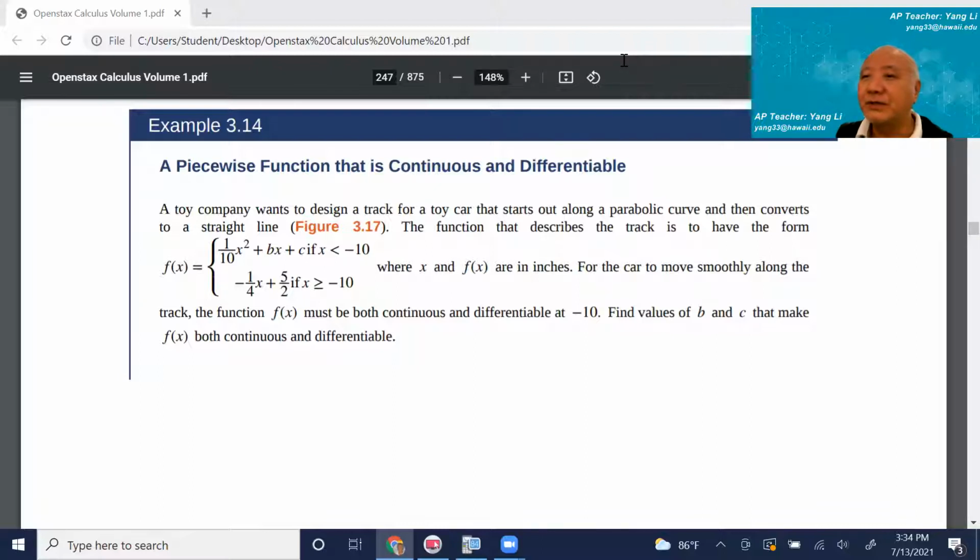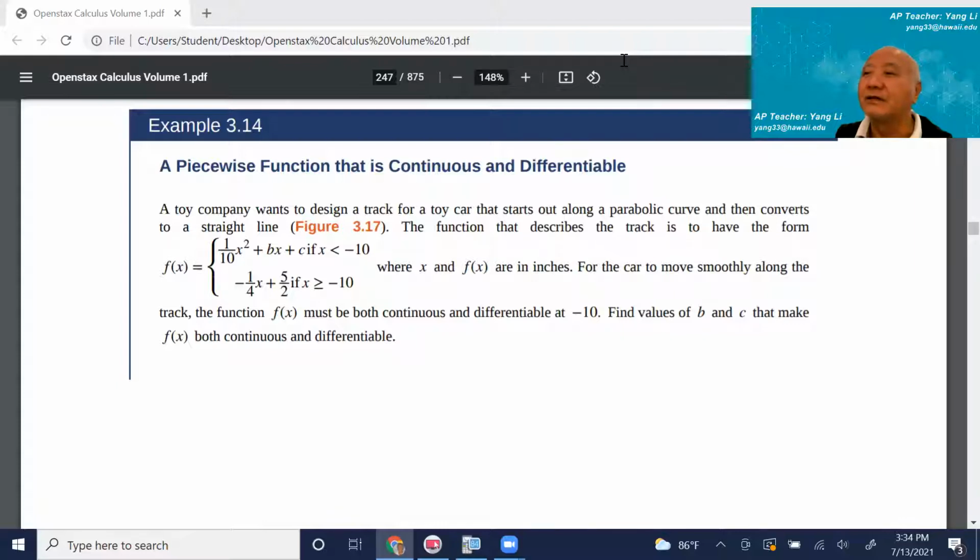They said a toy company wants to design a track for a toy car that starts along a parabolic curve and then converts to a straight line, right? The function is like this. The top part is a polynomial, that's a parabola, quadratic, like a trinomial here.